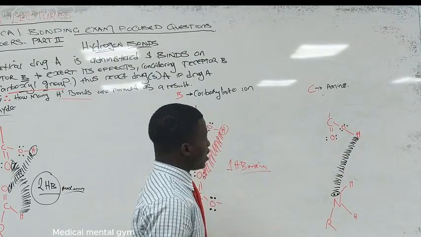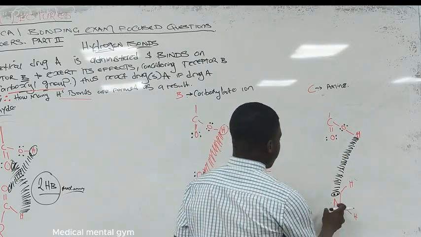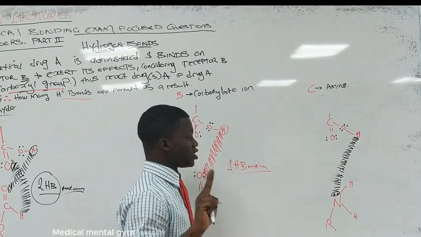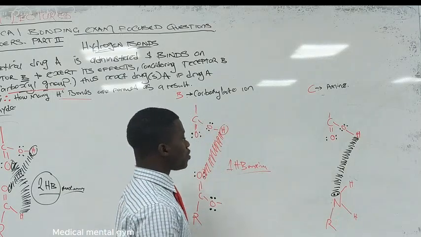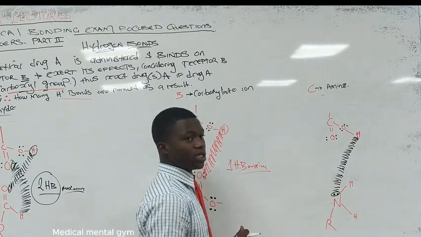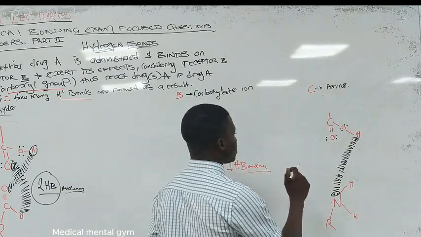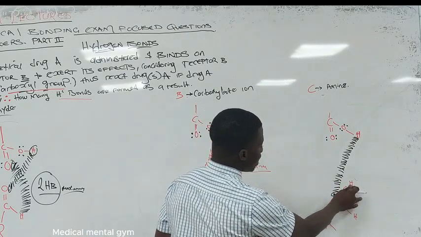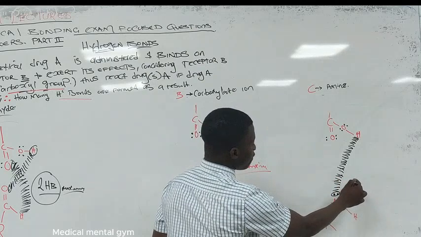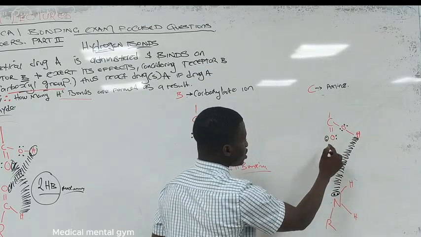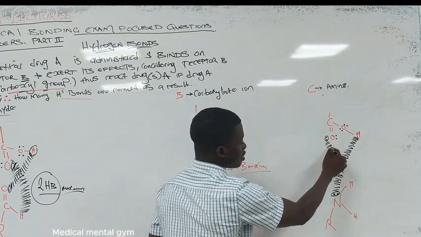Okay. So the amine as well possesses 2 hydrogen atoms, which can also participate in hydrogen bonds with some electronegative atoms. So this hydrogen from the drug can form a hydrogen bond with the oxygen of the carboxyl group.